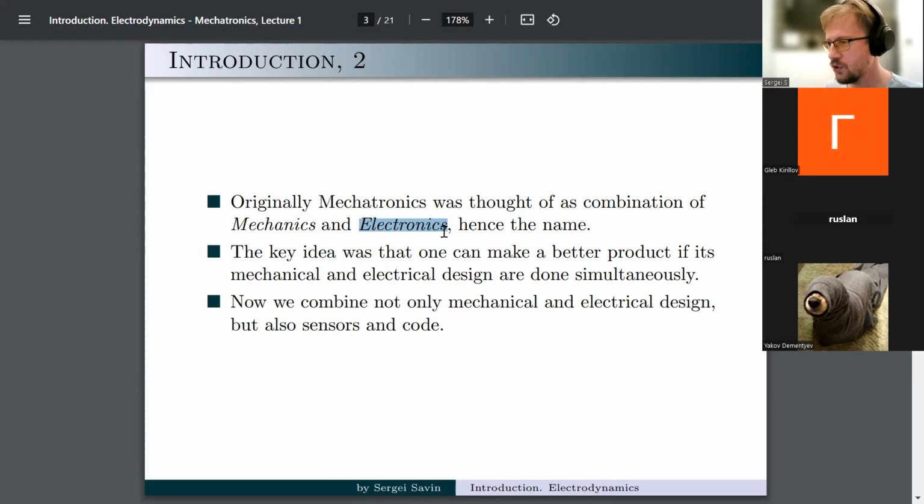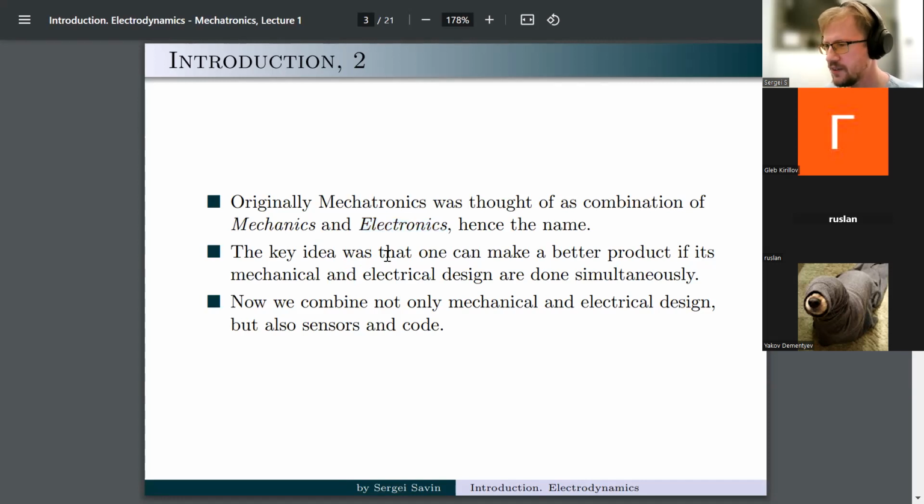And what you get is what we call synergy. So synergetic design, where the sum is somehow more than its parts. Like the whole is more than the sum of the parts. We call it synergistic, I think sometimes synergetic. All right. So that was the idea.